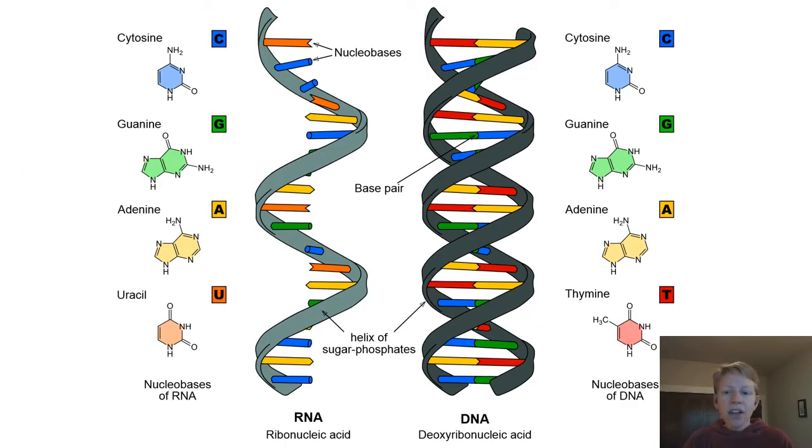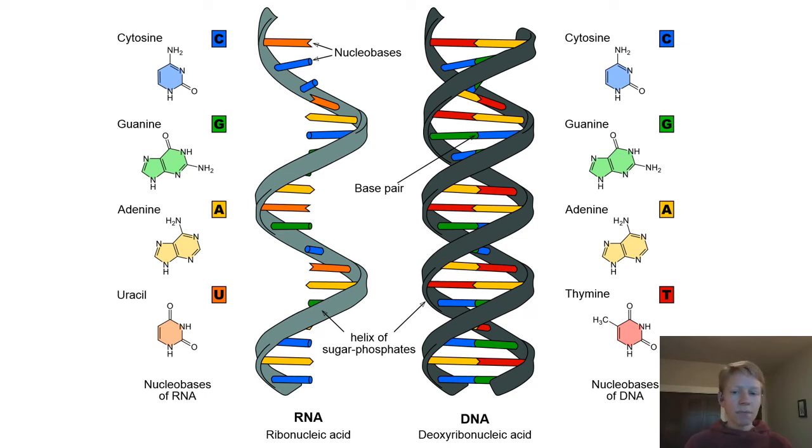Now if we take a look at this image here on the left, that's showing a molecule of RNA. On the right is DNA. So you're familiar with the structure of DNA already. RNA is similar, but there are some major differences.